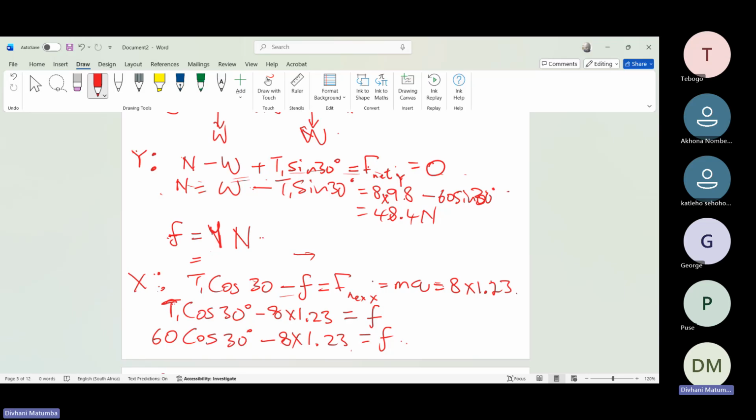If the coefficient is 0.2, we have 0.2 times the normal force. Your normal force is equal to 48.4.